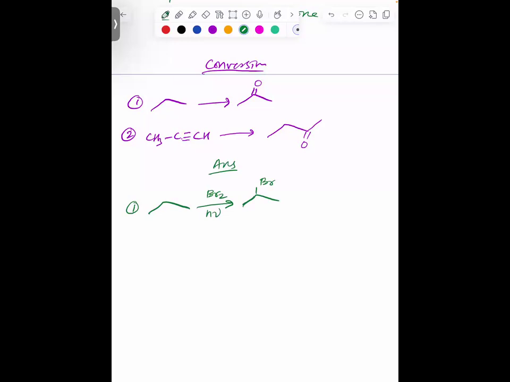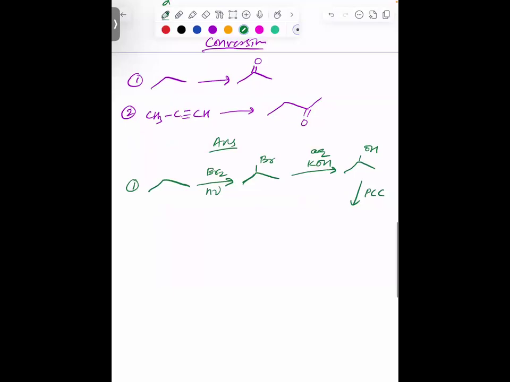But here the carbons are different, so we have to get the major product as 2-bromo, so bromination. Then you can use aqueous KOH, nucleophilic substitution reaction, OH. Then you can use PCC. This is first.